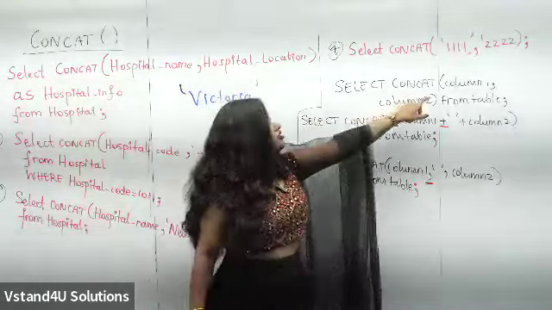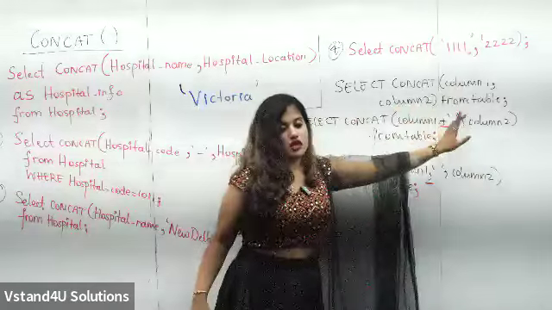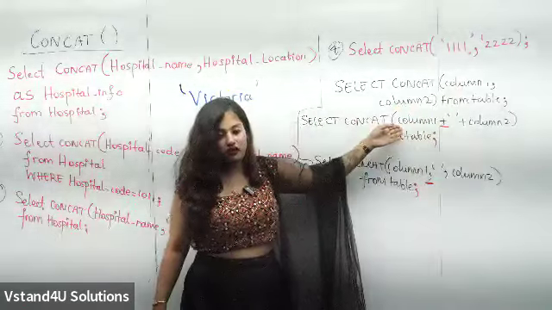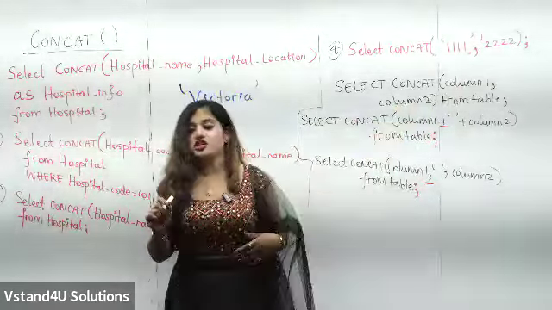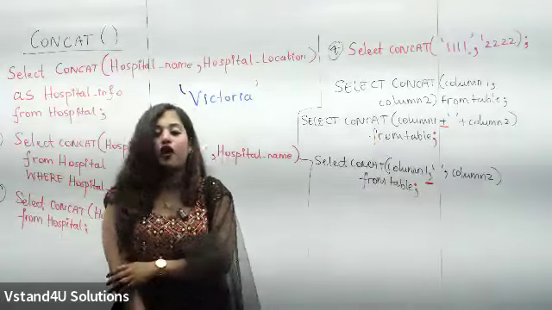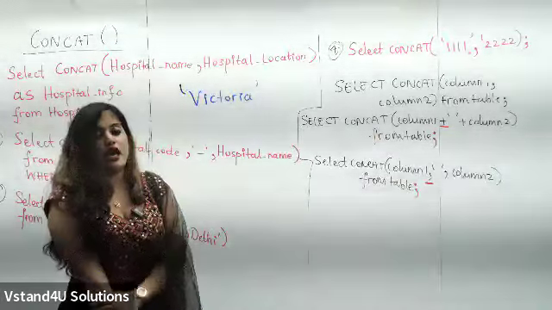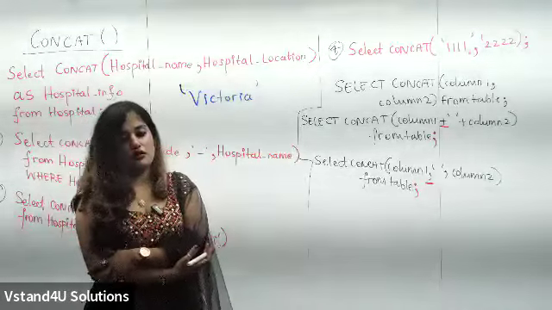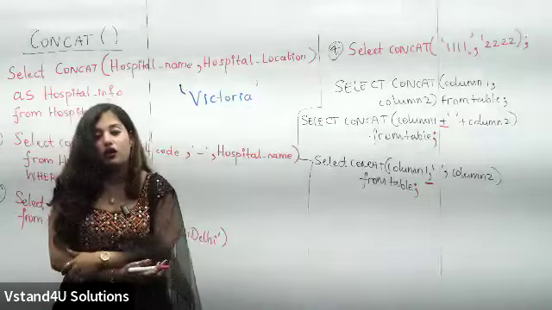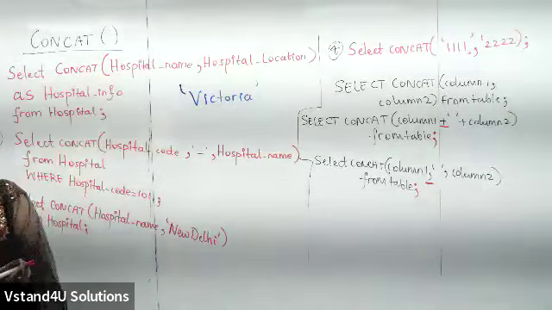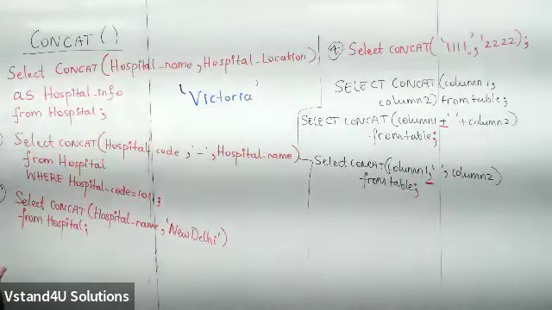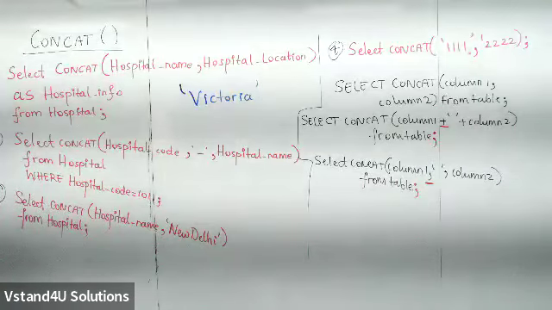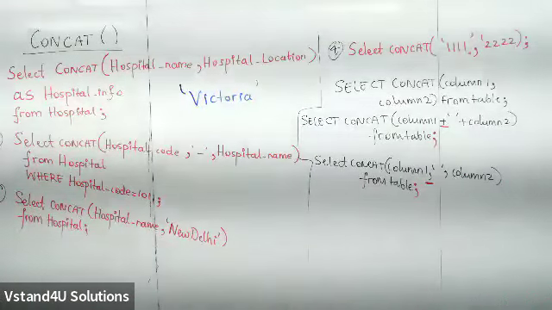Either you can write column 1 and column 2. In functions, will you be using any kind of operators or symbols? There you have an addition operator. So is it right or wrong? Which is correct now? First one and third one. Yes.